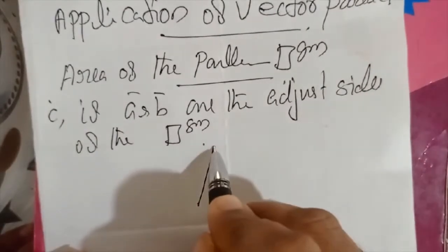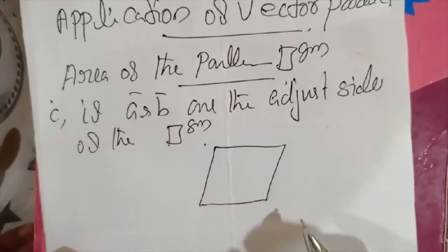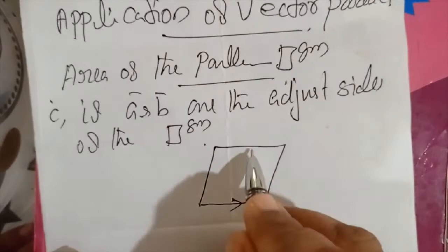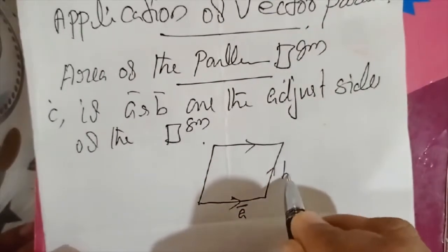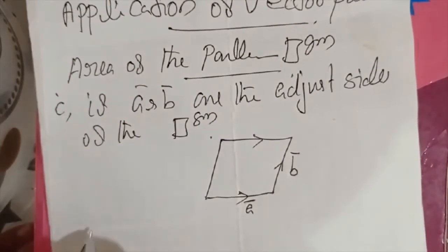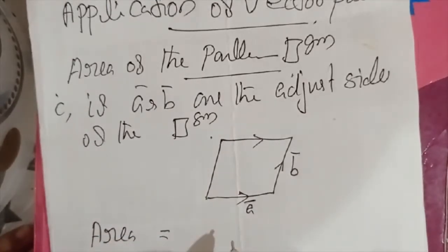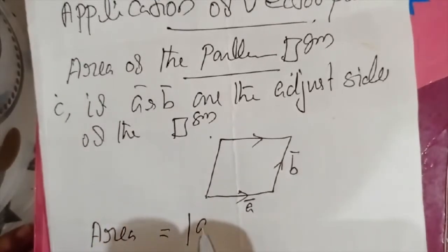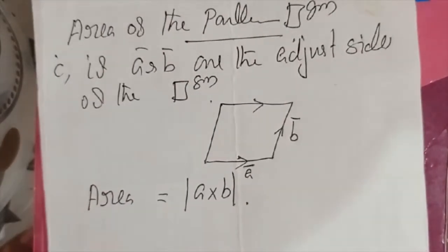Look here, this is a parallelogram. Parallelogram means opposite sides are equal and parallel. This is vector A and this side is vector B. If the two sides are given, then write the formula: area is equal to mod A cross B. Understand?